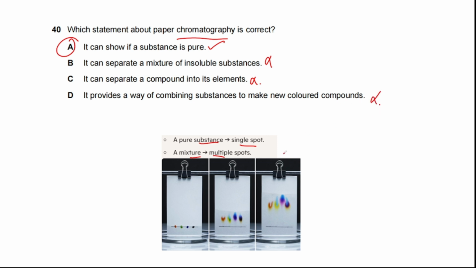Definitely not. It's just splitting the mixture into the variant colors that make up the normal color. So the correct option is option A, and that's it. We have finished the paper.